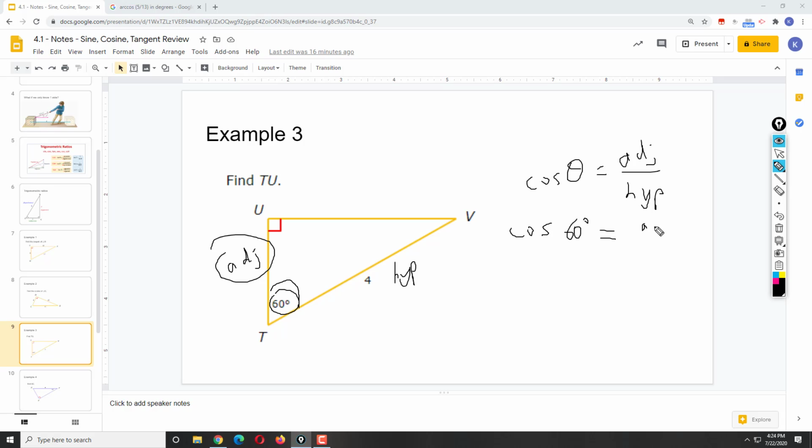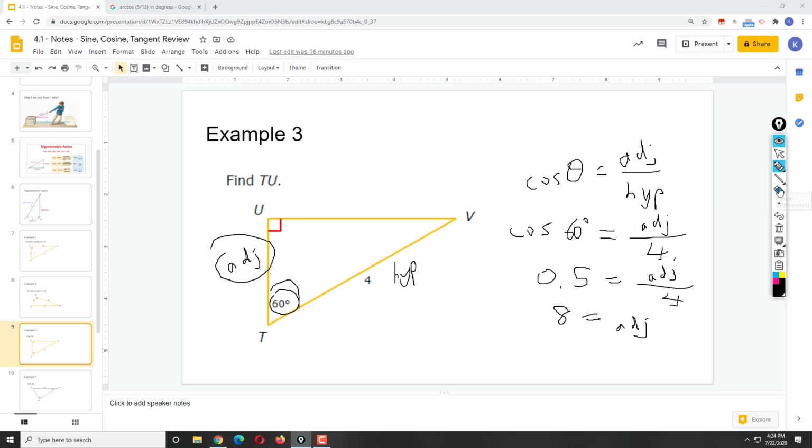Adjacent we don't know. The hypotenuse is 4. Cosine of 60 degrees is 0.5. If you're not sure, you can use a calculator. 0.5 is our adjacent over 4. So our line segment has length 8. Because we multiply both sides by 4.